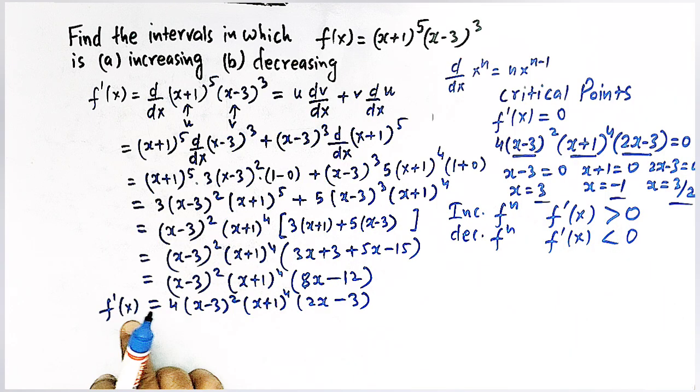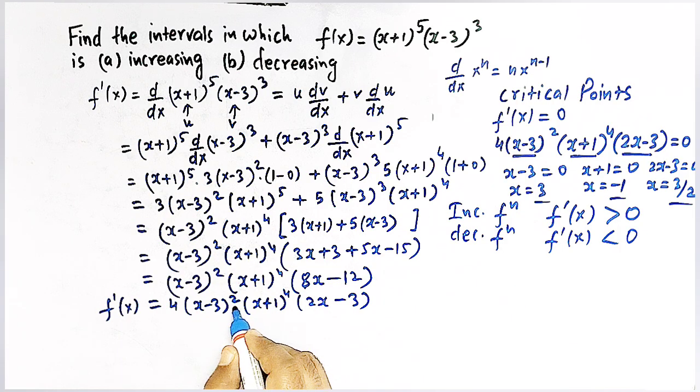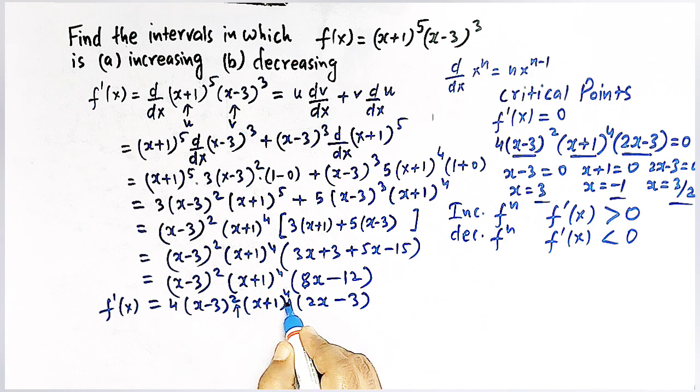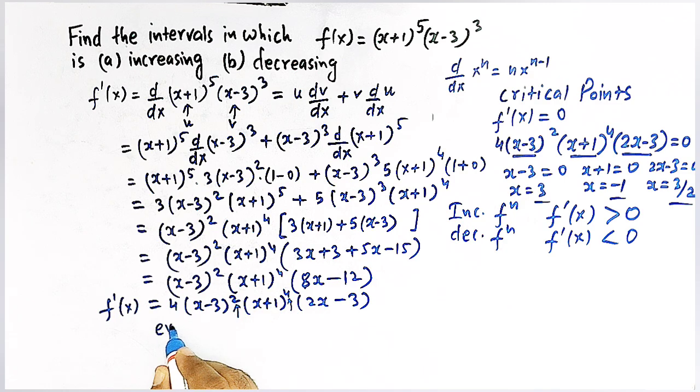Now if we look at this expression, that is the expression for the derivative, we can see that the exponents, that is 2 and 4, are even, right? So here we have the even exponents.